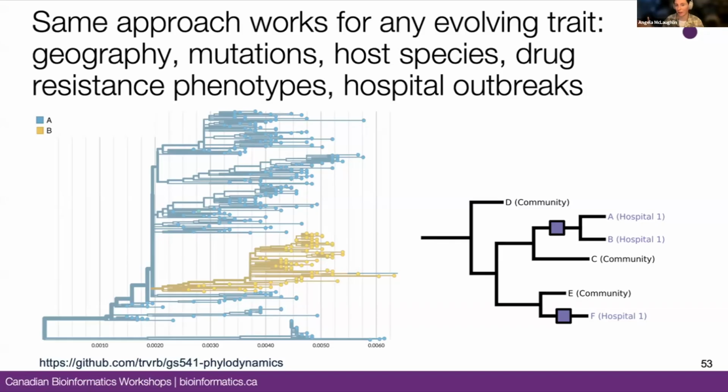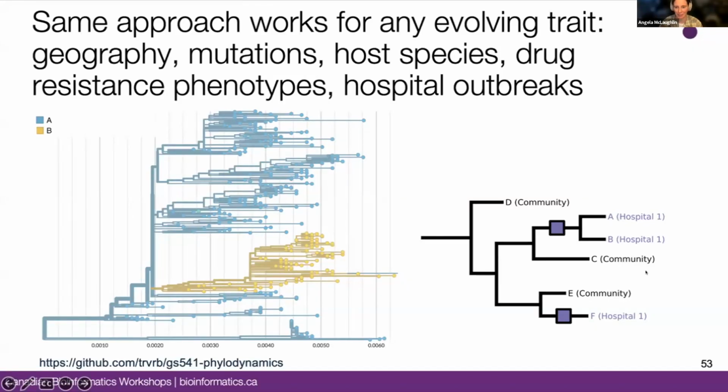Say host species, if you have a virus like H5N1 or H3 influenza A virus that is rapidly and frequently switching species, you could use this approach to reconstruct the host transitions. We could also look at drug resistance phenotypes or hospital outbreaks. So anything that is evolving across that phylogeny and leaving an imprint on the phylogeny is up for grabs here.